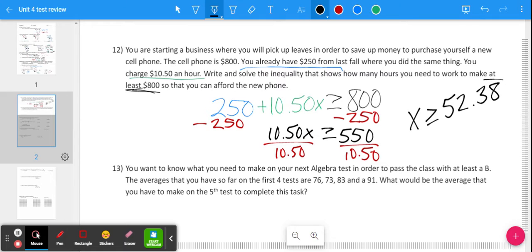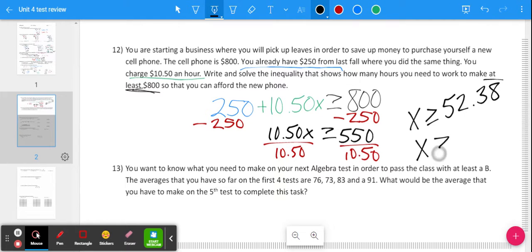52.38. Now the question says how many hours you need to work. So we don't know if you're going to get paid for a partial hour. So we have to figure out how many whole number hours do you need in order to hit your minimum of $800. Well, since our x value is larger than 52.38, we have to round it up.